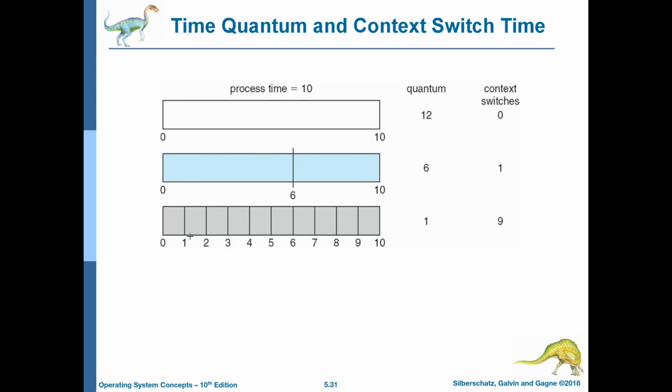And here, because we have 9 context switches, this 10 millisecond job with 1 millisecond context switches becomes a 19 millisecond job. Takes forever to finish it in the context of that particular process. We don't want to set a low time quantum. We want to find something in the middle.